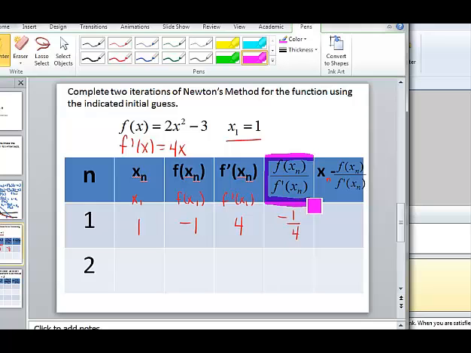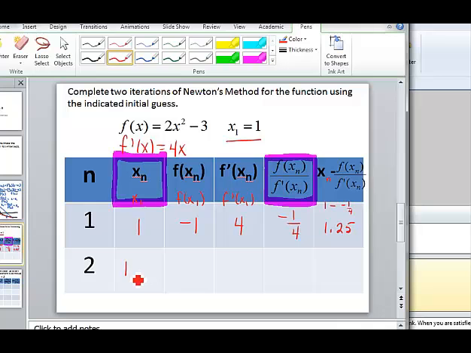So take this and subtract the two values. So I end up getting 1 minus negative 1/4, which would be 5/4 or 1.25. This becomes my new x value, and I carry it down below.